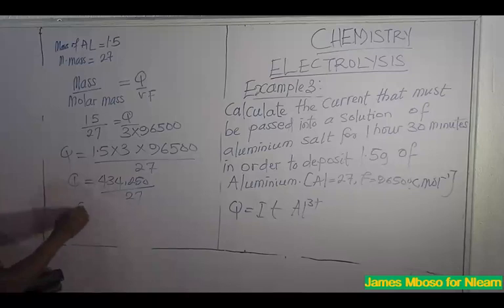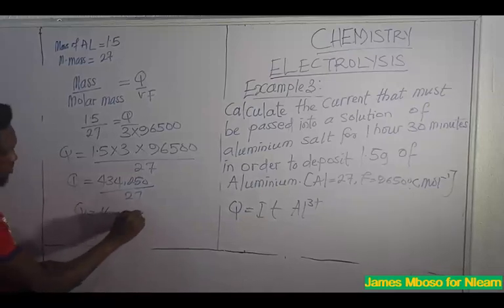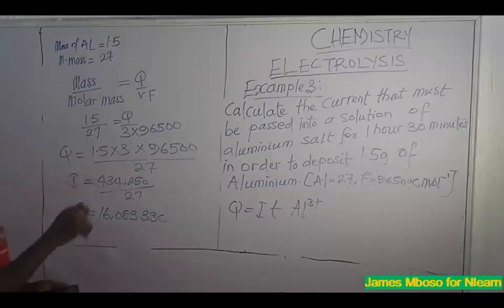Our Q is 16083.33 coulomb of electricity that is actually being generated when a current is passed.